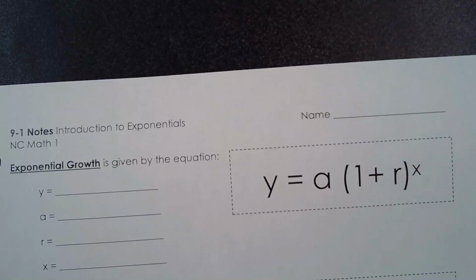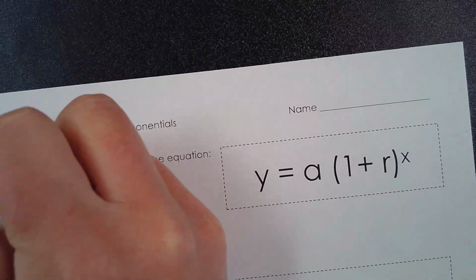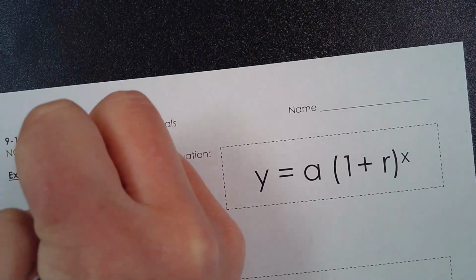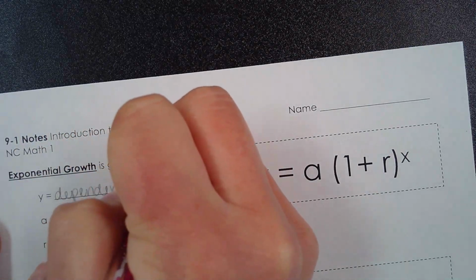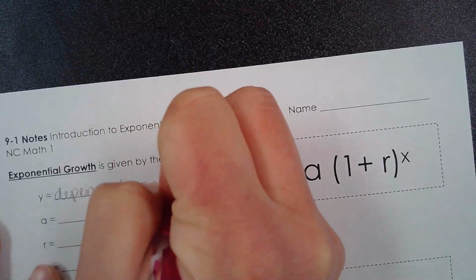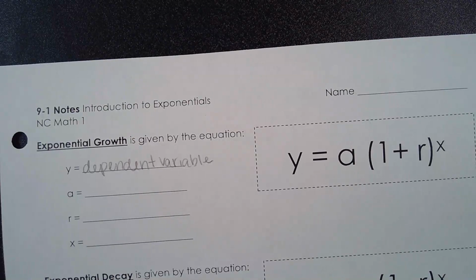There's a bunch of different letters here, but a lot of them mean the same things that they have meant all year. So the y is still your dependent variable. We've not called it that in this class, but have you heard of independent variables and dependent variables in science?